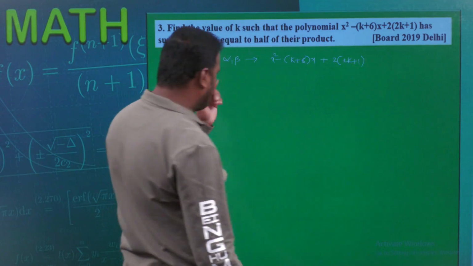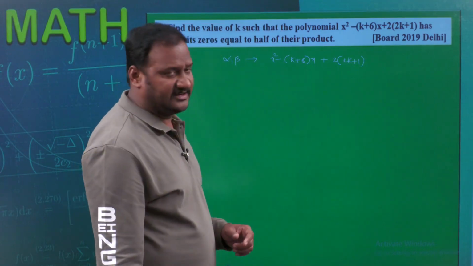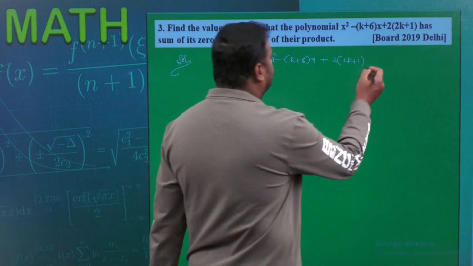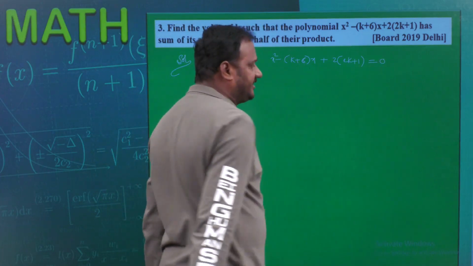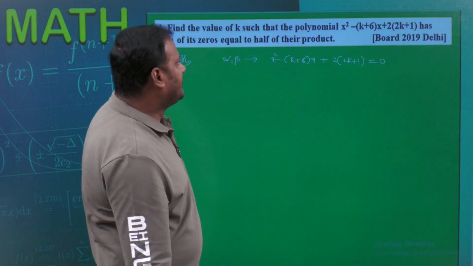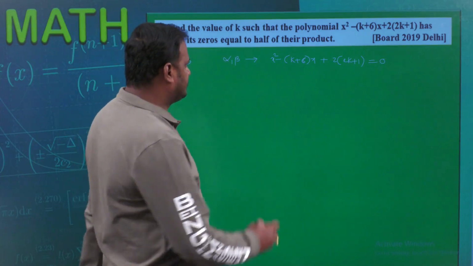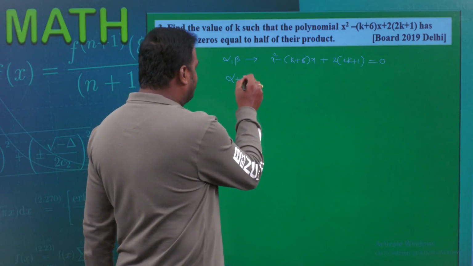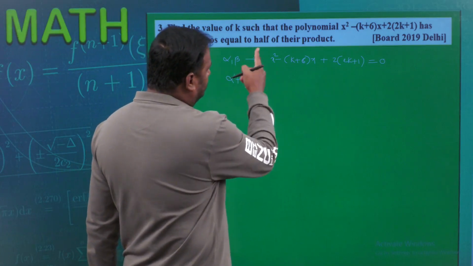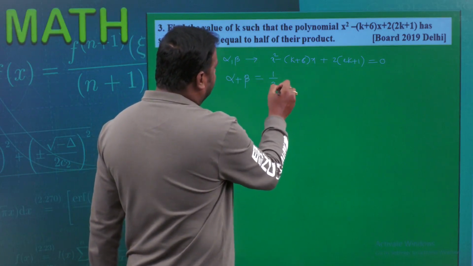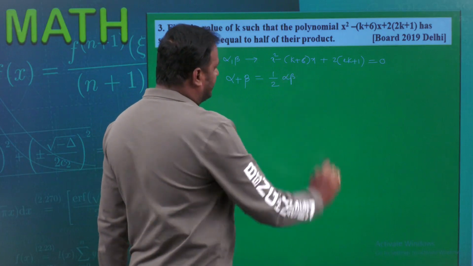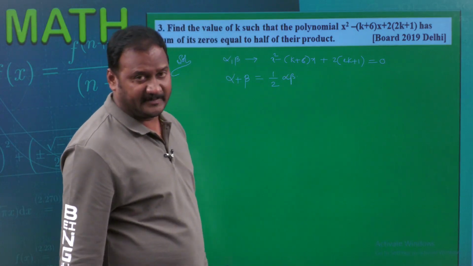Alpha and beta are the zeros of this polynomial, or the roots of this quadratic equation. Anything is okay. But according to the given problem, the sum of its zeros, alpha plus beta, is equal to half their product, that is half of alpha into beta. This is the condition given.